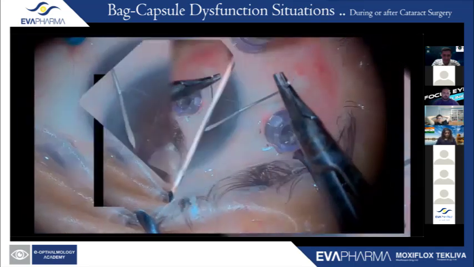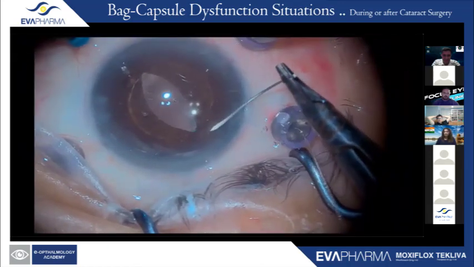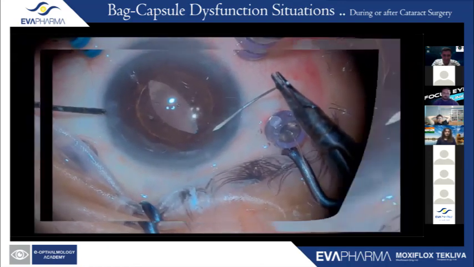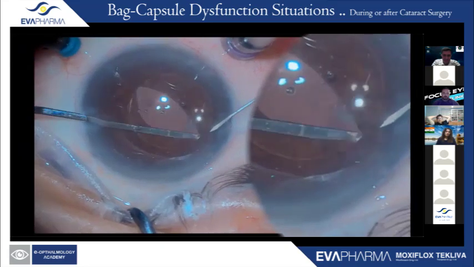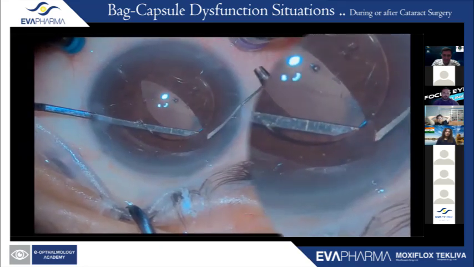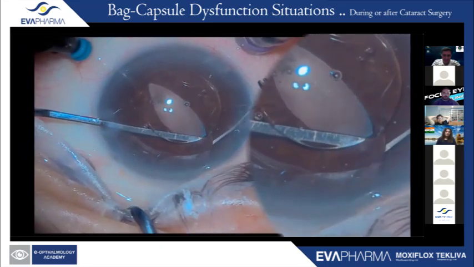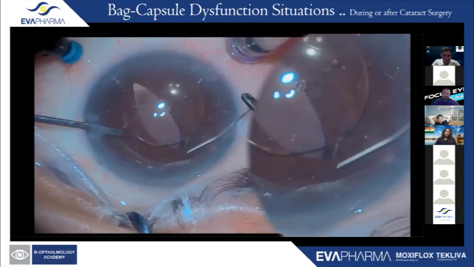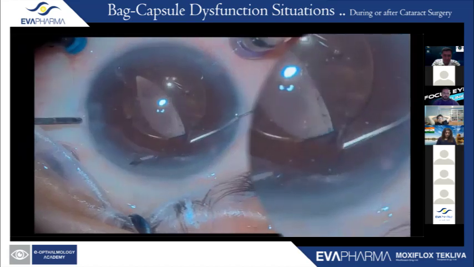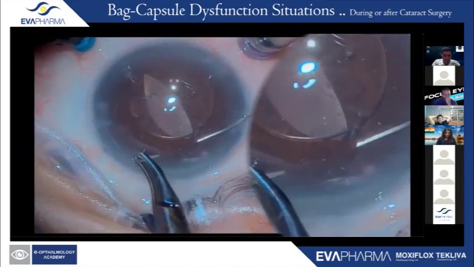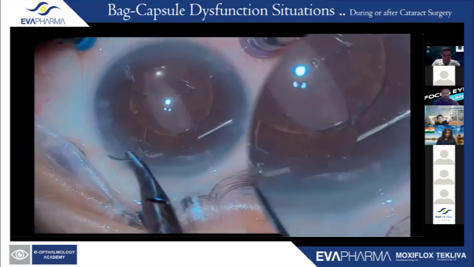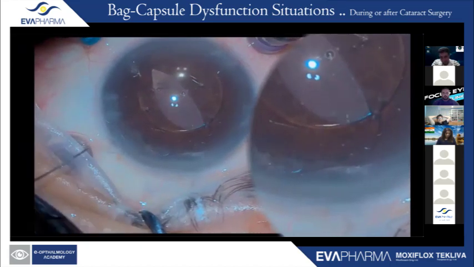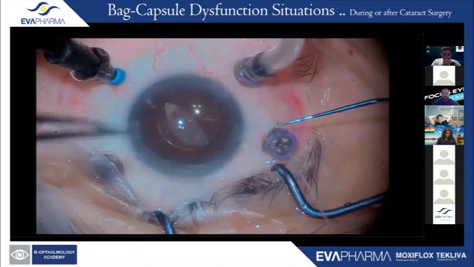I use a spatula to guide the needle because you can catch a lamella and it is really annoying. Now you can see how you pass under the haptic, and the needle is 14 millimeter, so it's a really long one and convenient for this type of job.